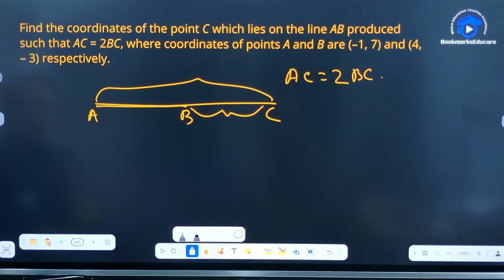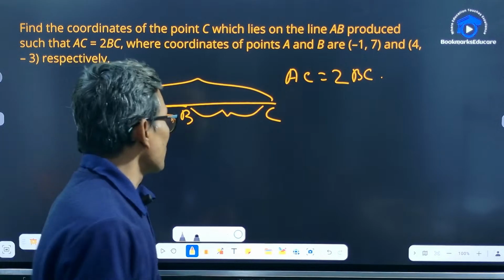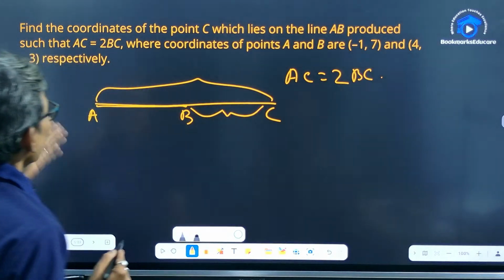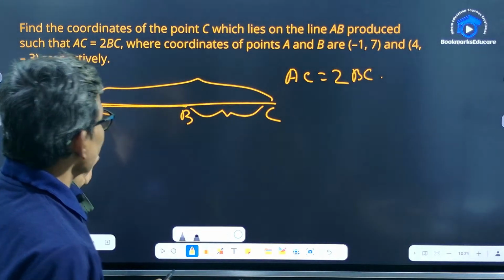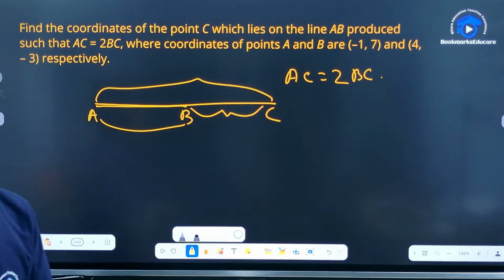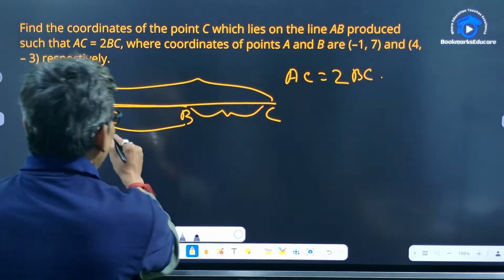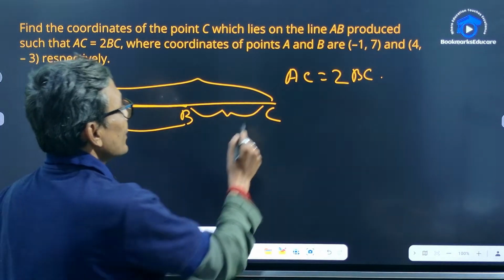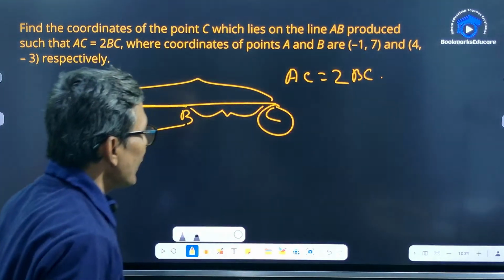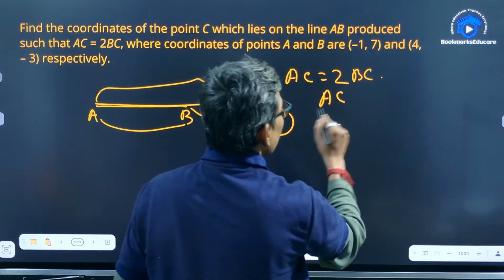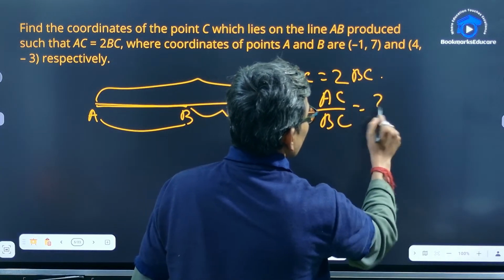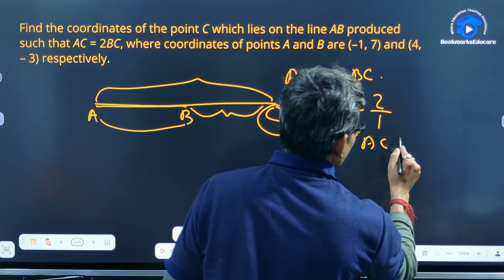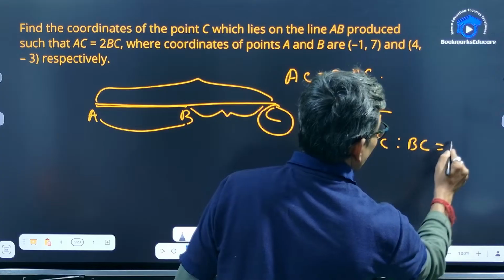From this equation, from this relation, we can say that the point C divides the line segment AB externally. The line segment AB is divided externally at point C in the ratio 2:1.